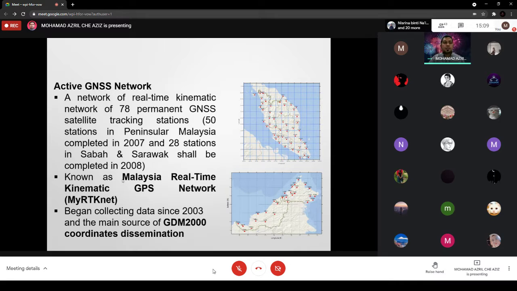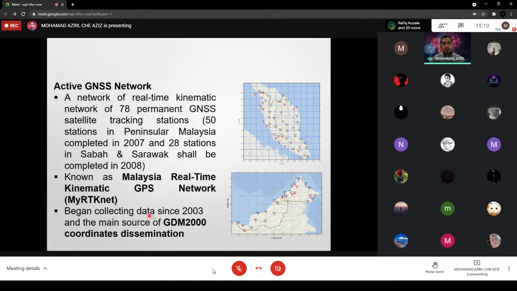So a network of real-time kinematic network of 78 permanent GNSS satellite tracking stations, 50 stations in Peninsular Malaysia and 28 stations in Sabah Sarawak. So this one is known as MyRTKNet, Malaysia Real-Time Kinematic GPS Network.